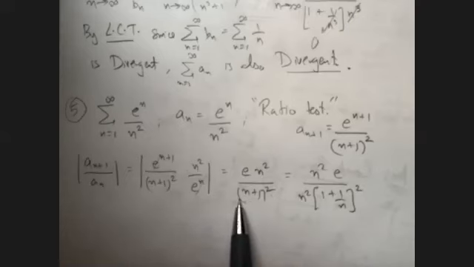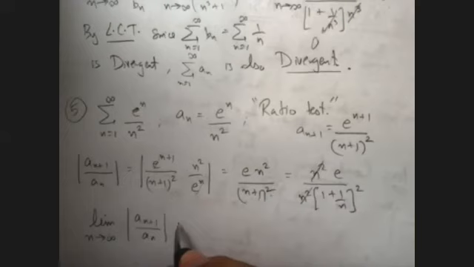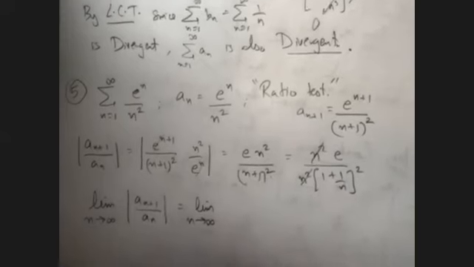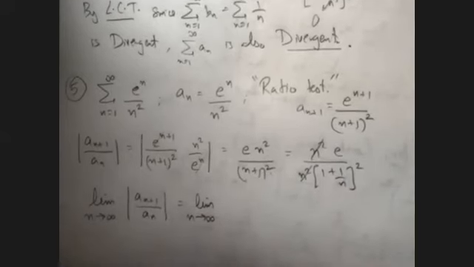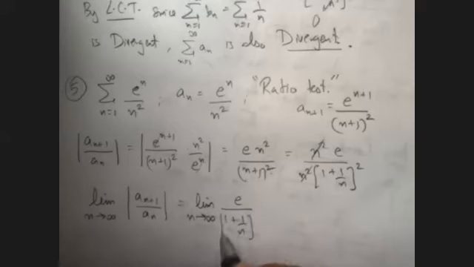If you factor out an n and it's a square, so you get n square. N square cancels out. So if we now take the limit as n goes to infinity, this term goes to 0.